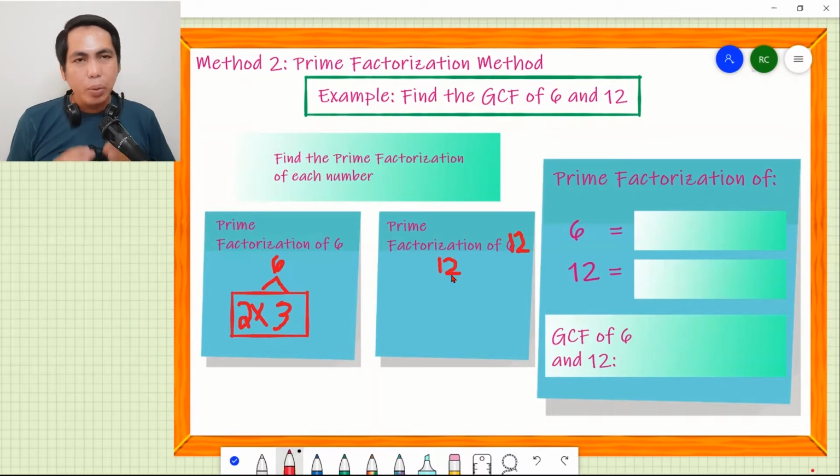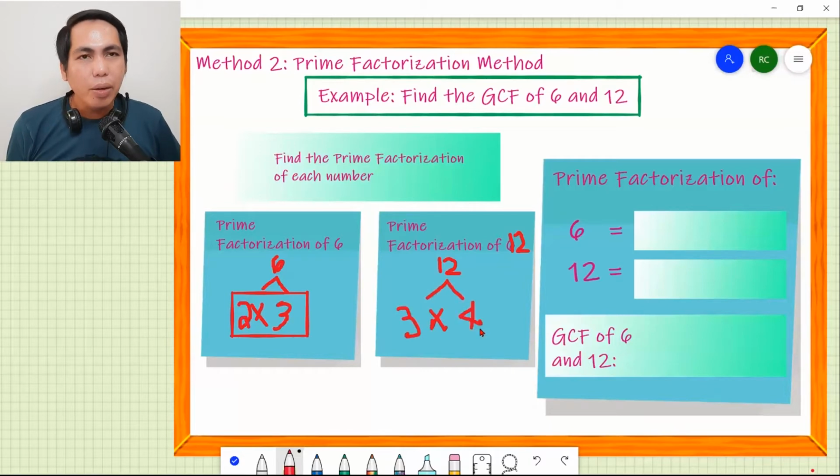When we break 12 into 2 factors, we can use 2 times 6 or 3 times 4. So either of these pair of numbers we can use. So we can use 3 times 4. Now 3 is already a prime number, so we can just bring it down. But 4 is not yet a prime, so we can still use 2 times 2.